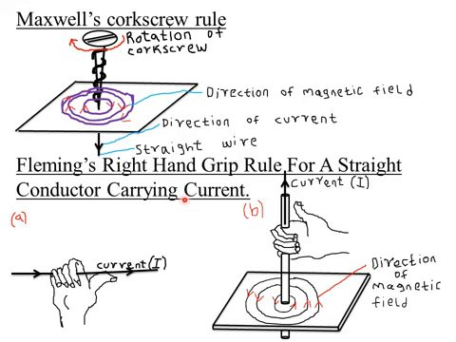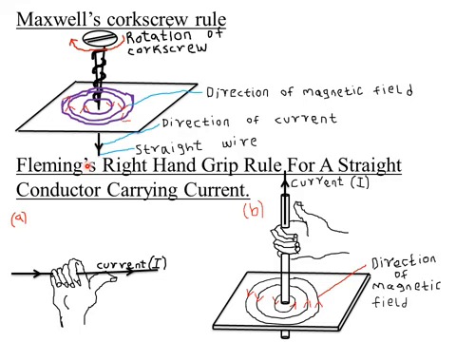So that is what the right hand grip rule for a straight conductor carrying current states.